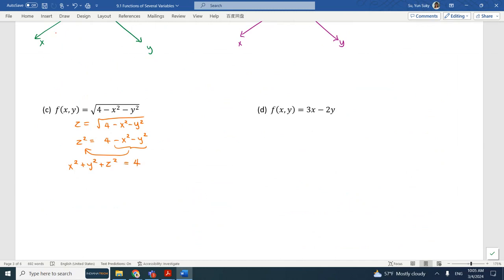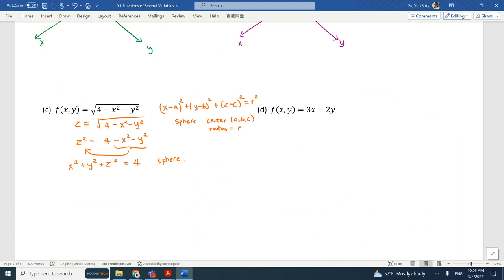This is actually a sphere. So standard equation for sphere is (x minus a) squared plus (y minus b) squared plus (z minus c) squared equals r squared. So this is a sphere centered at the point (a, b, c) with radius r. So this is the equation of a sphere.